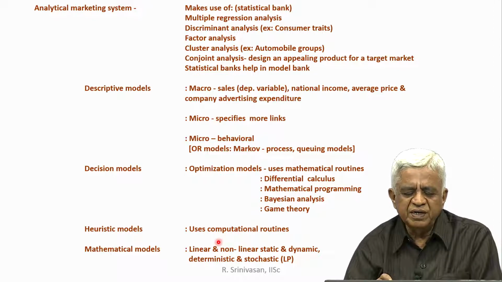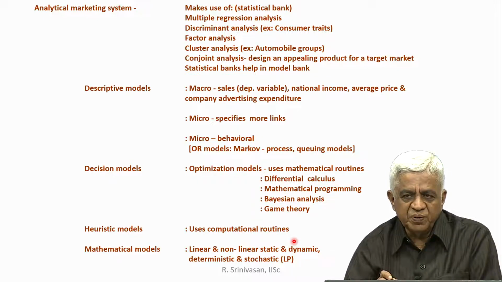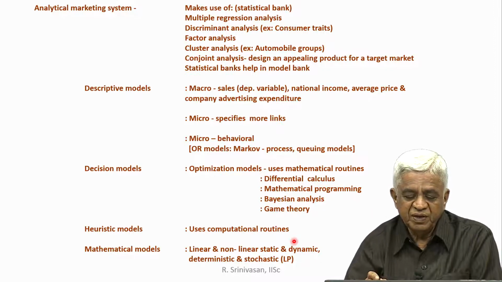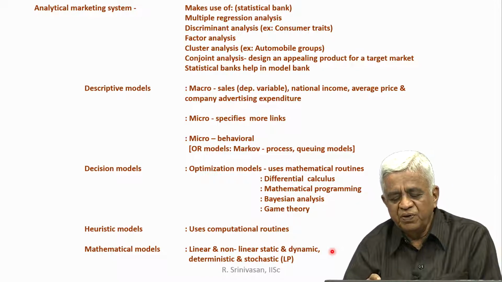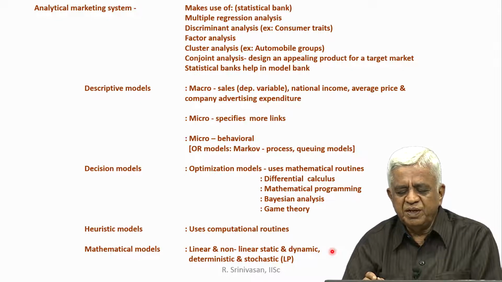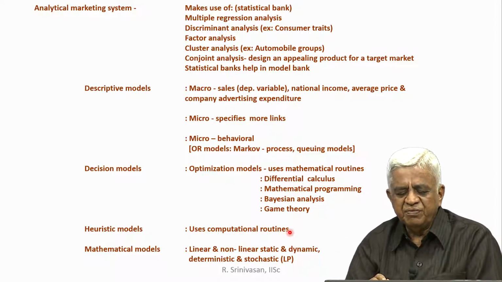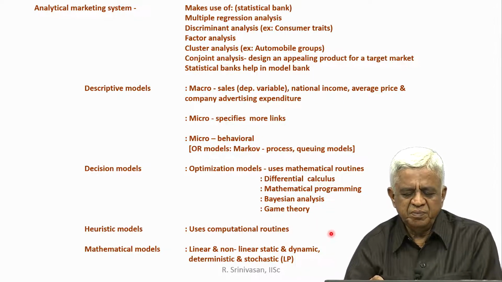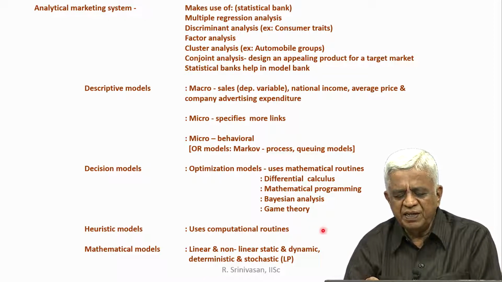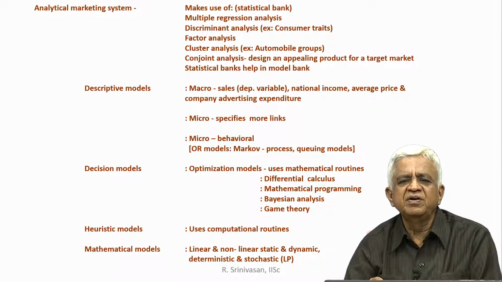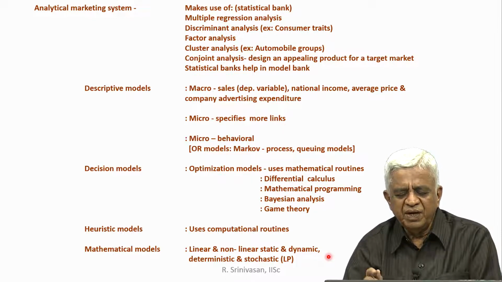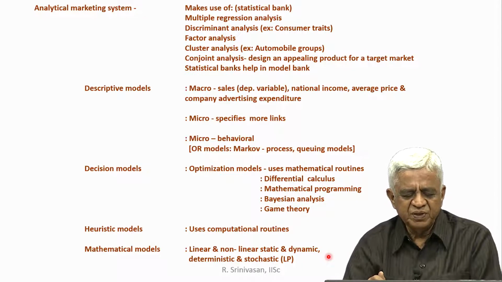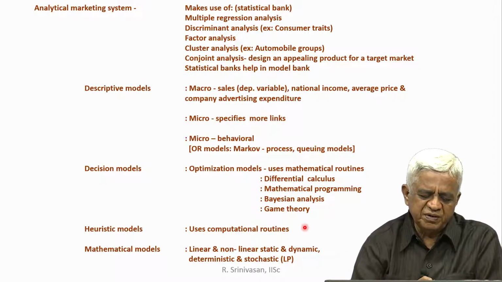So, you write an algorithm and that algorithm goes through different routines, and this gives you how the dependent variable is going to get affected. These different computational routines many times may make use of different aspects like the branching or the looping wherever it is required. Okay. So, this is the other set of models.